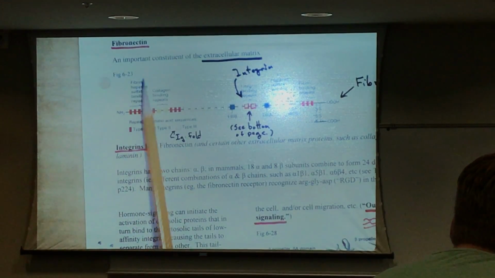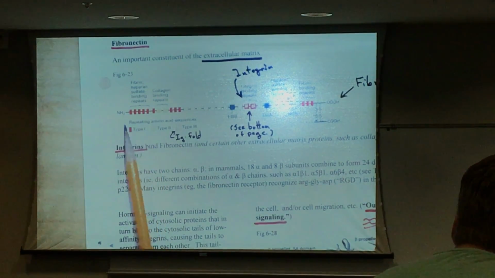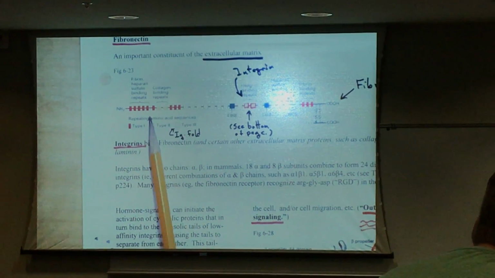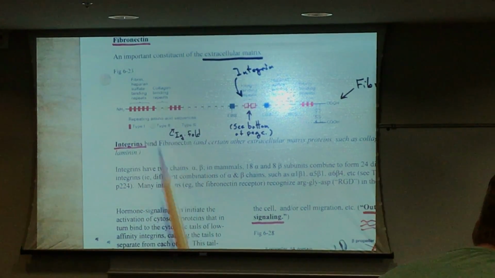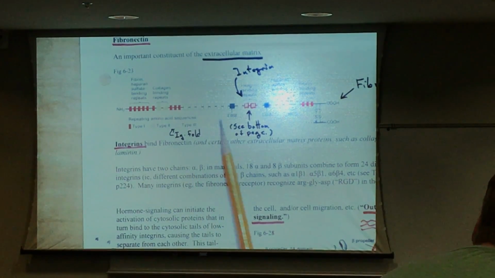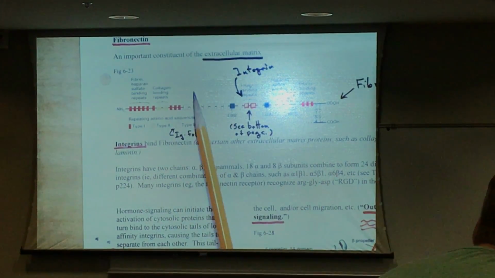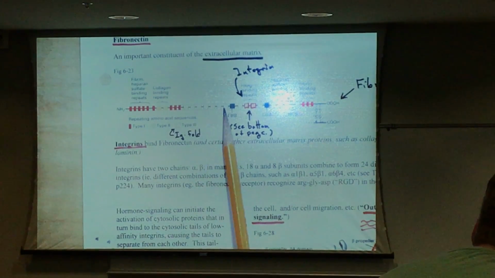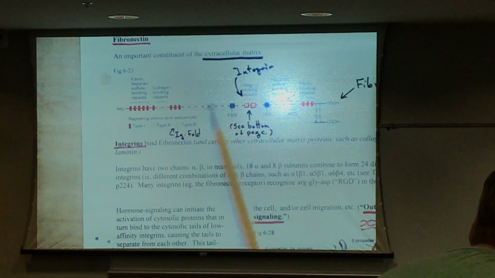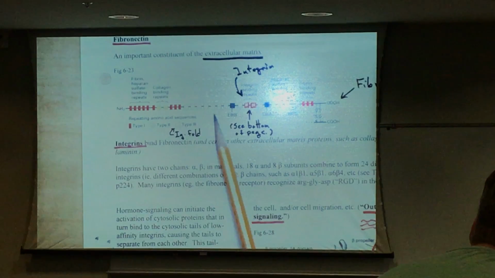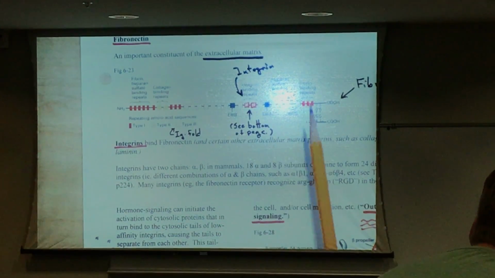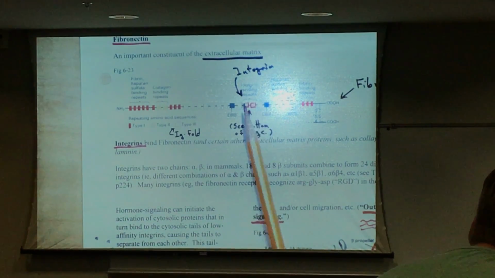So-called heparin binding repeats here, collagen binding repeats, more heparin binding, and then a bunch of so-called type 3 repeat sequences here. Okay? Among the type 3 repeat sequences, these are pink boxes, we have two that are particularly interesting.